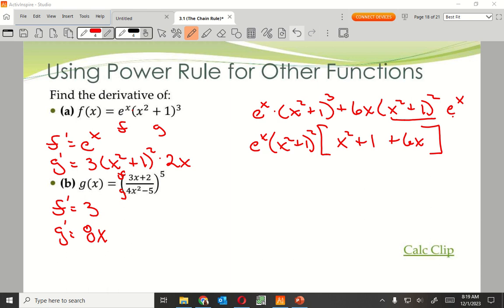So those are my quotient rule parts. But let's do the outside then. So the outside, I'm going to have 5 times the quantity of the inside, which is the whole thing, right?